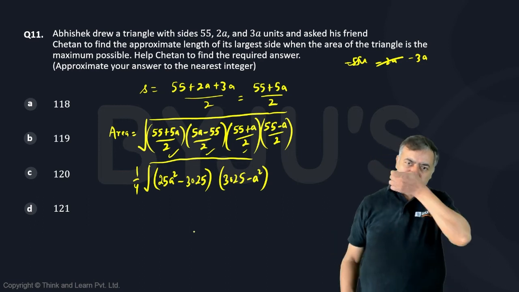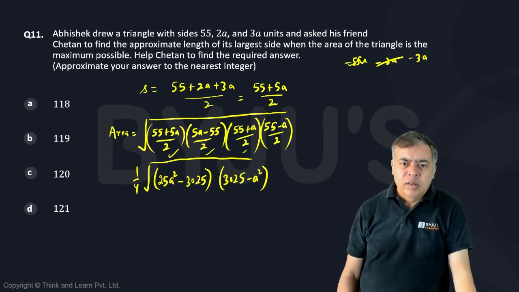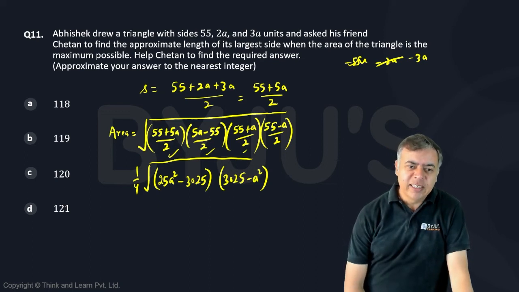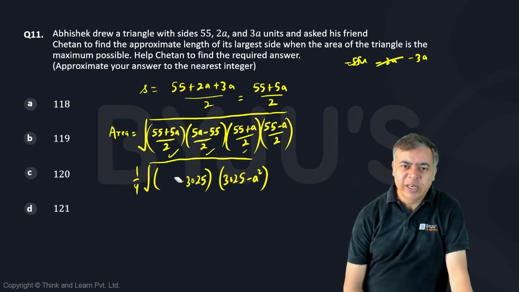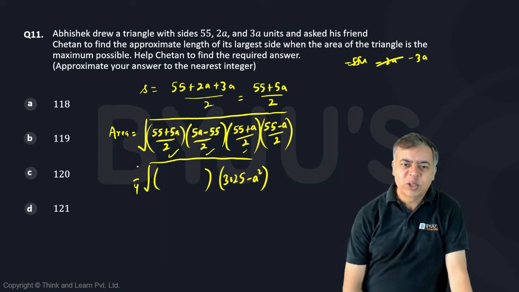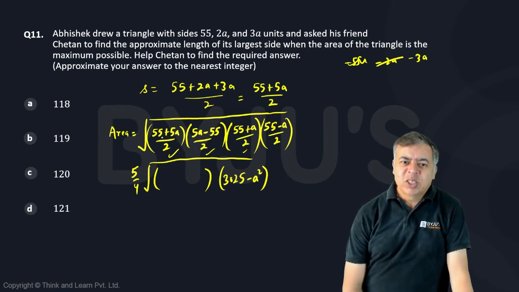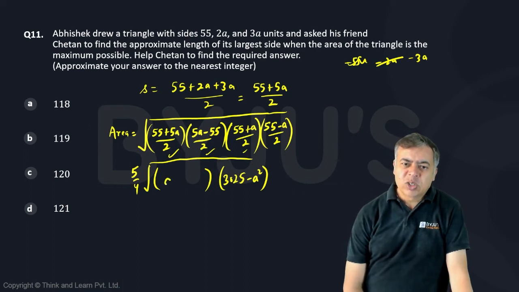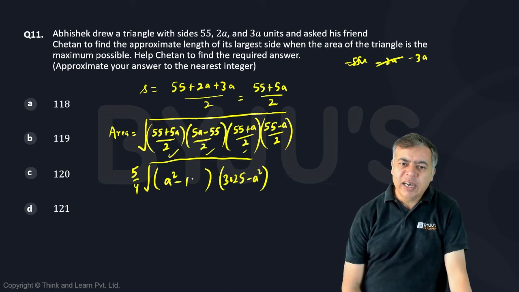Let me correct one more step: I will take 5 common from the first two terms. So this will become a plus 11, a minus 11, which is a square minus 11 square.